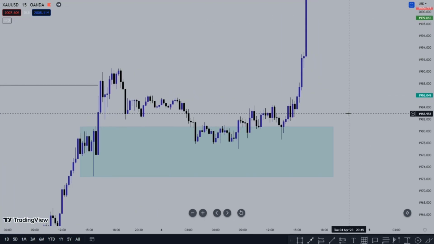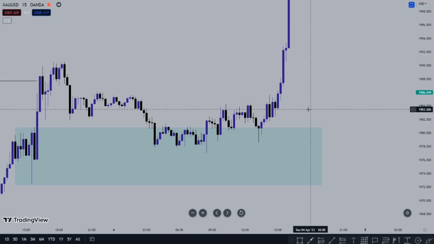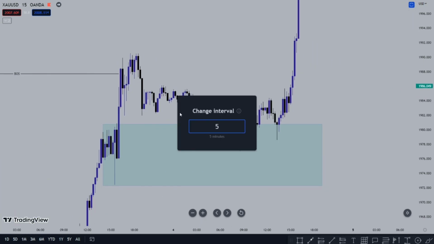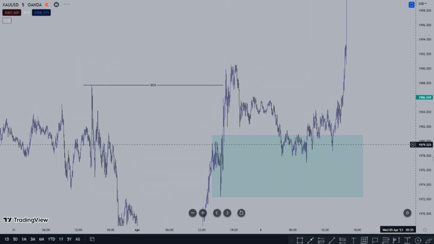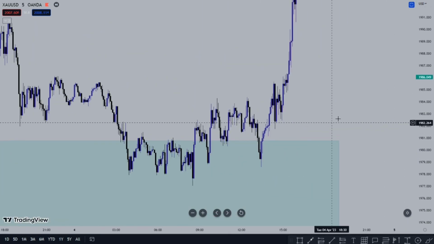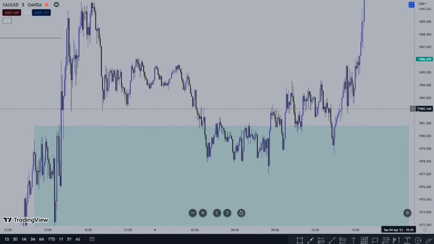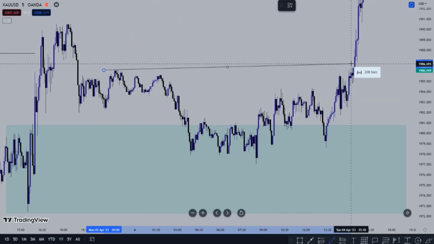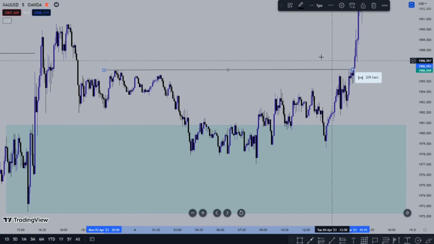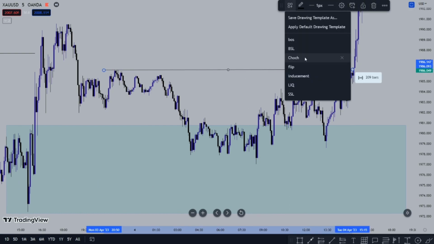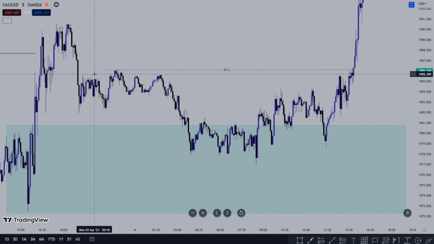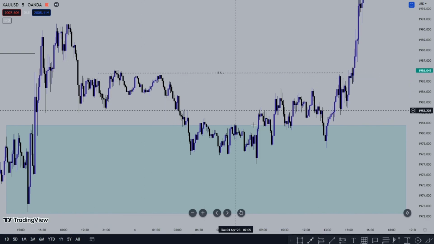So what happened once price hit this zone? Once price hit this zone, I want to go to lower time frames, right? What I spotted here is that this is a possible buy side liquidity zone, because this area has multiple touches.